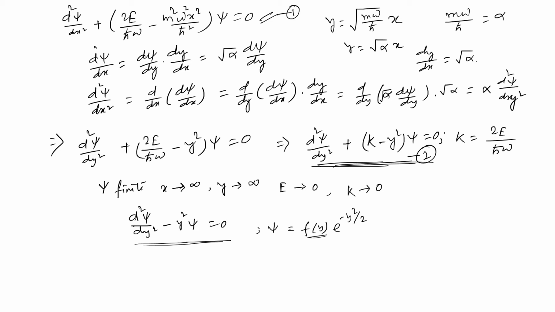If you have any questions how this equation goes to this equation, that means what is the value of psi, if there is any confusion, please let us know, we will clarify it later. So our main job is now to find f of y, that means a polynomial function.